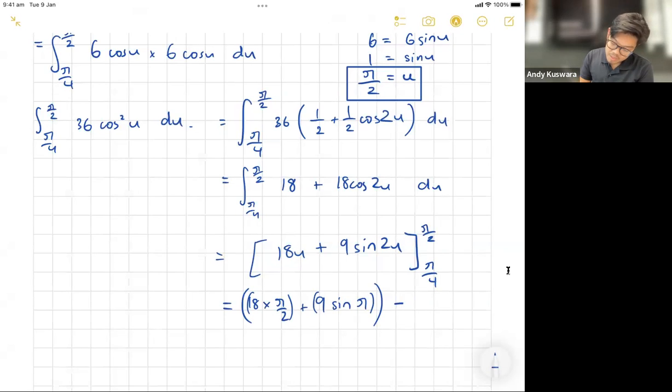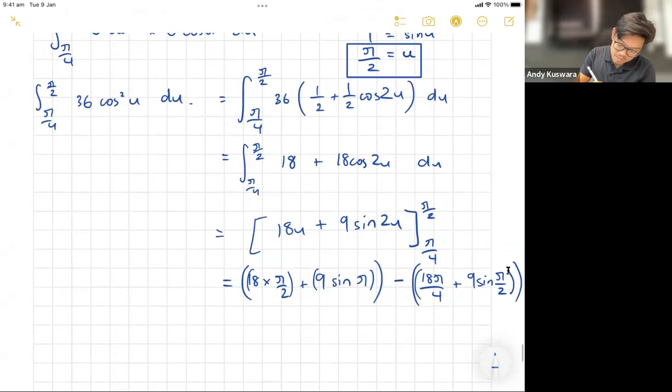And then I'm going to take away 18 times pi on 4. So that's, I guess, 18 pi on 4 plus 9 sine pi on 2. Okay, I believe that should be correct.